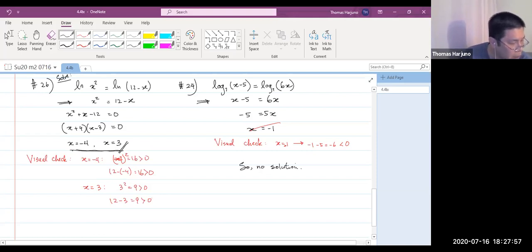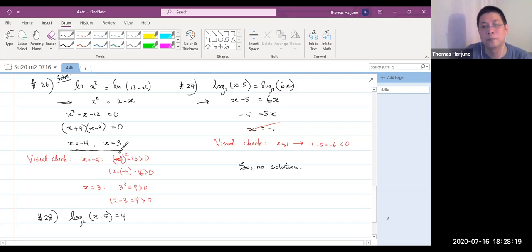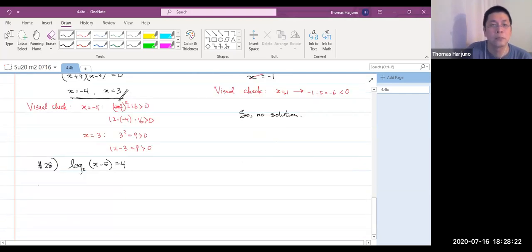Now other than this, it is actually quite simple. Like question number 28. So far, if we have a log equation, that's still a simple one. Number 28, log base 2 of x minus 5 equals 4.